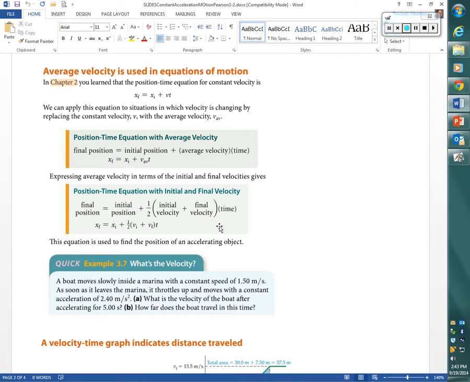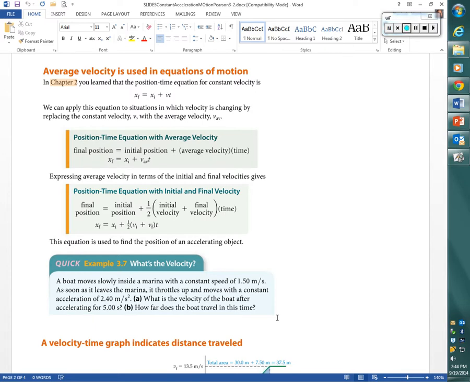And so now we have an equation where we can figure out where something is, final position, based on where it started, the initial position, and the initial and final velocity, even if they aren't the same. So we don't necessarily have to have a constant velocity. As long as it's a constant acceleration, we can figure it out. Okay? Good there? All right.